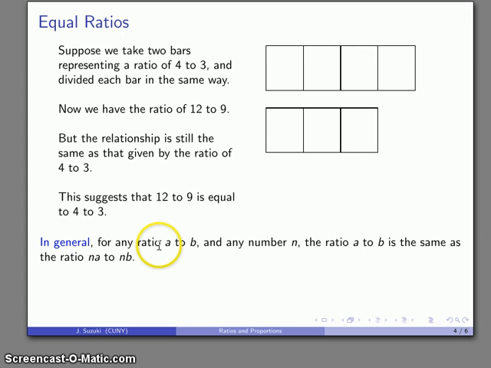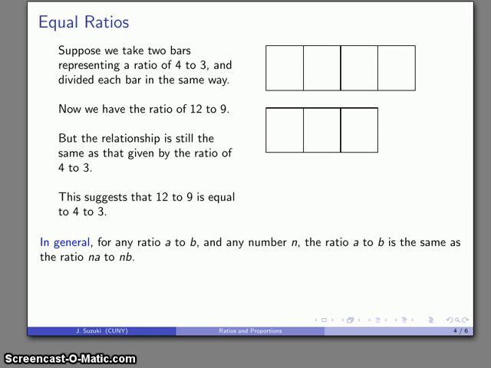For any ratio whatsoever a to b, and any number n, the ratio of a to b is going to be the same as the ratio n times a to n times b. And that emerges because if I partition both of these by the same number, then I haven't changed what the relationship is. I've only changed how it's expressed.